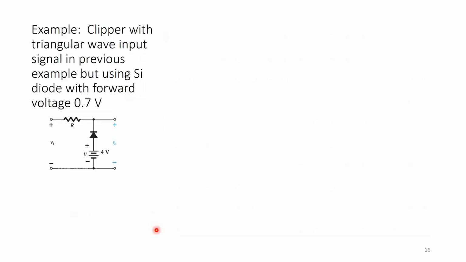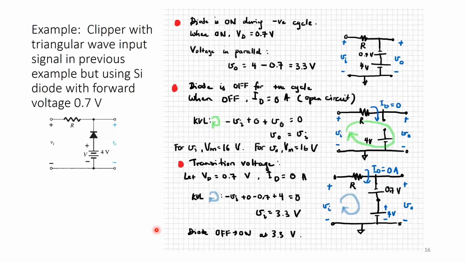Another example: a clipper with triangular wave input, the same one as in the previous example, but now using a silicon diode. Now when we have a silicon diode, we have to consider again the orientation of this diode, its positive and negative terminals. So I have 0.7 volts drawn in this connection because this is the connection of the diode.